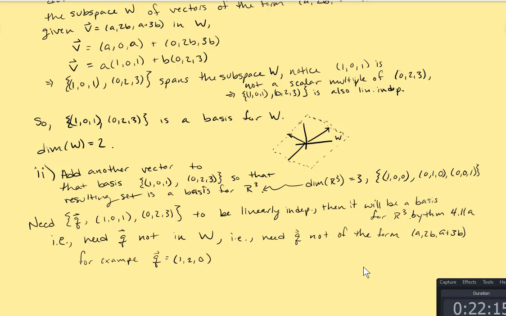That'll do it. This is not of the form (a, 2b, a + 3b). With a = 1 and 2b = 2, b would be 1, which would mean we need a 4 here to be in W. We're not in W. So there we have it. There are many correct answers. This is one. This is a basis for R3.